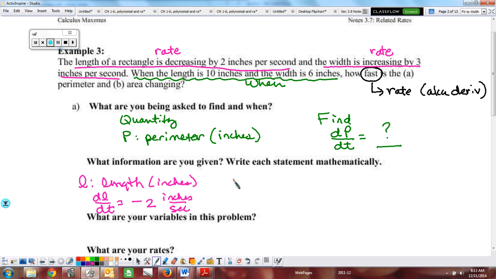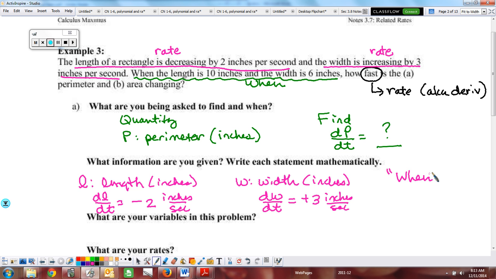We are also given a rate about width. So we identify a variable, a quantity, we name it, we give it units, and then we write the rate down that we're given. dW/dt is increasing, positive 3 inches per second. And then they also gave me a when.